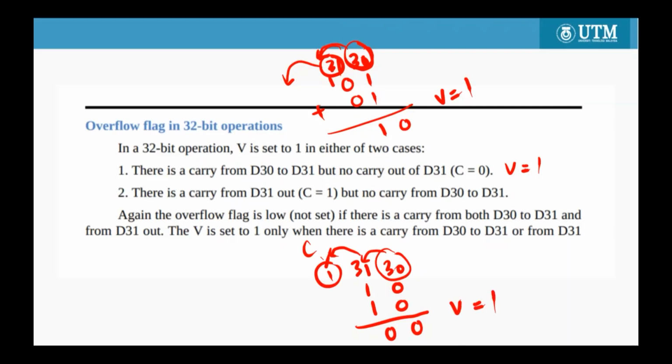And what happens if you have something like this? This is bit 30 and this is bit 31.